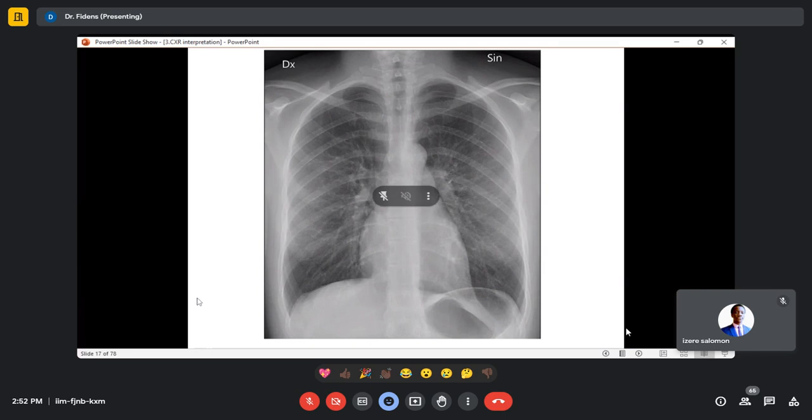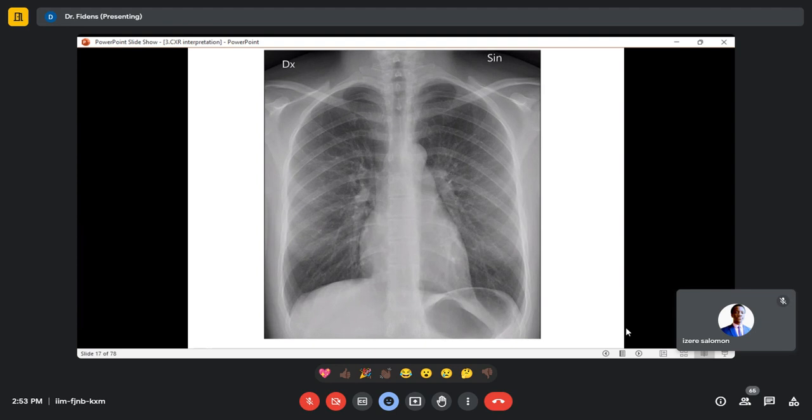But this X-ray has good clarity because I can count the ribs, and there is symmetry because from the medial end of both clavicles to the spinous process the distance is equal, and I can see that the costophrenic angles are sharp. That is what I have seen on this image.